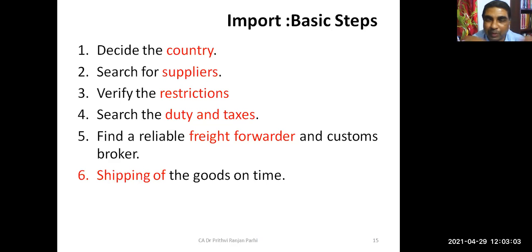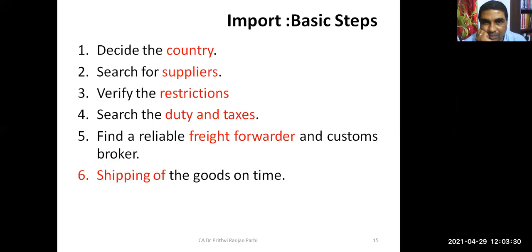Then import will attract certain duty. You have to pay your duty and taxes as per customs tariff law. Then find out who will provide trade services, trade forwarders or customs brokers, who will be helping you to import the things. Then finally, goods will be shipped. This is the process followed in case of import.